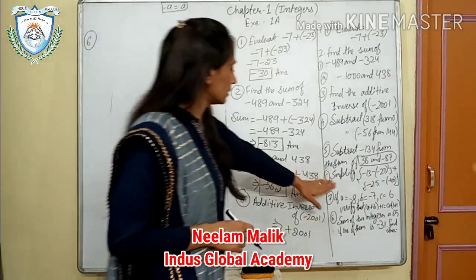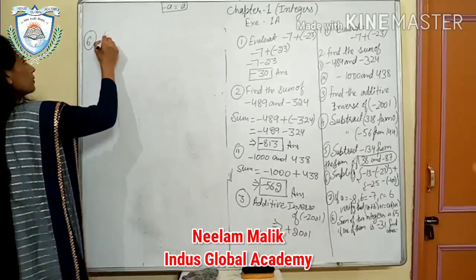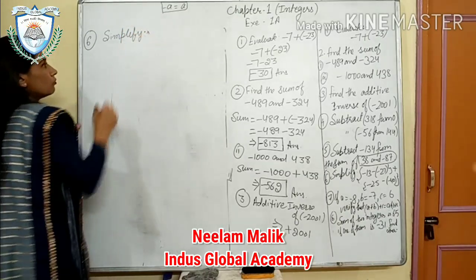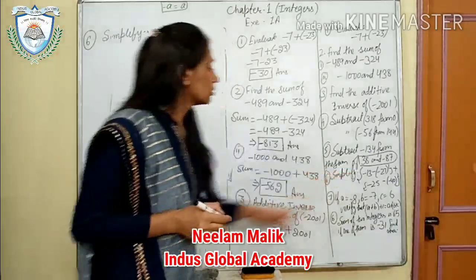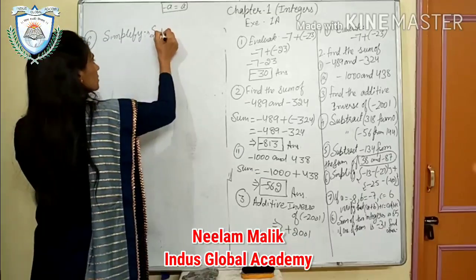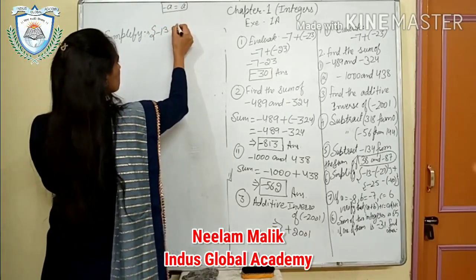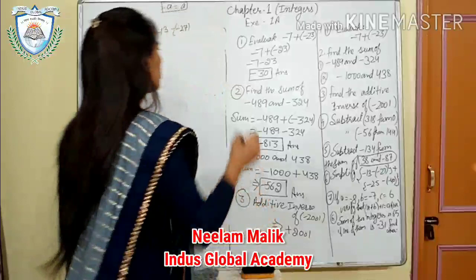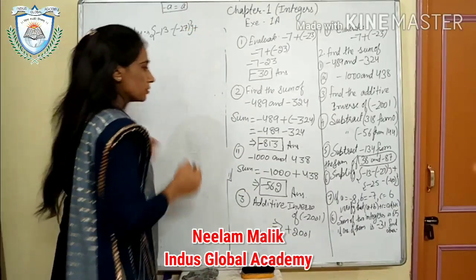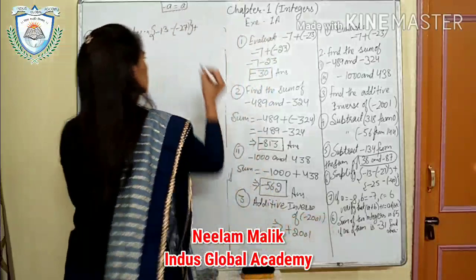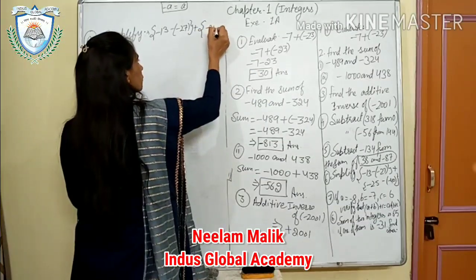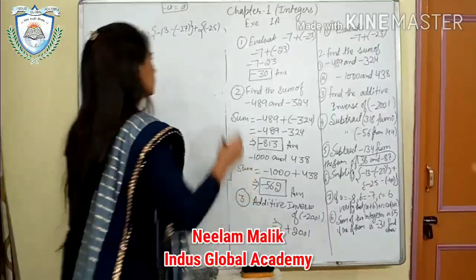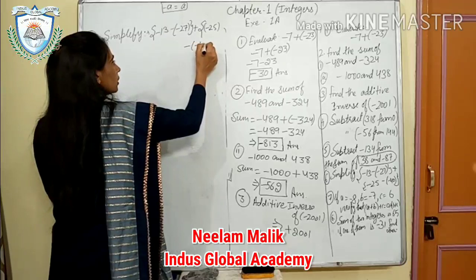Write that statement, that is question number 6, simplify. Within a bracket minus 13 minus, within a bracket minus 27, bracket close, another bracket close, plus bracket start, minus 25 within a bracket, minus 40, bracket close.